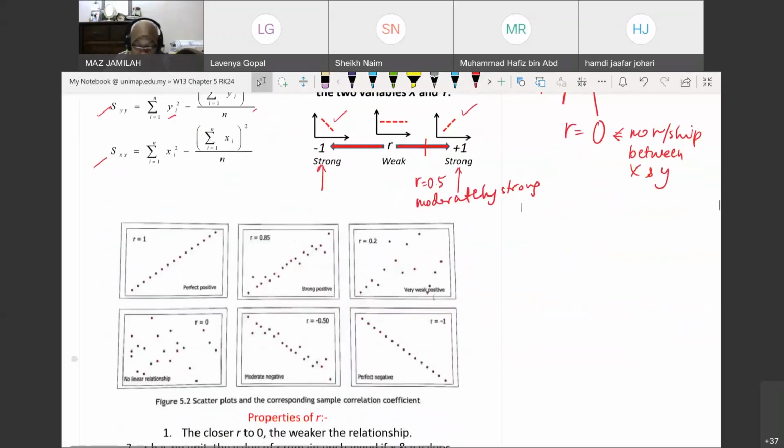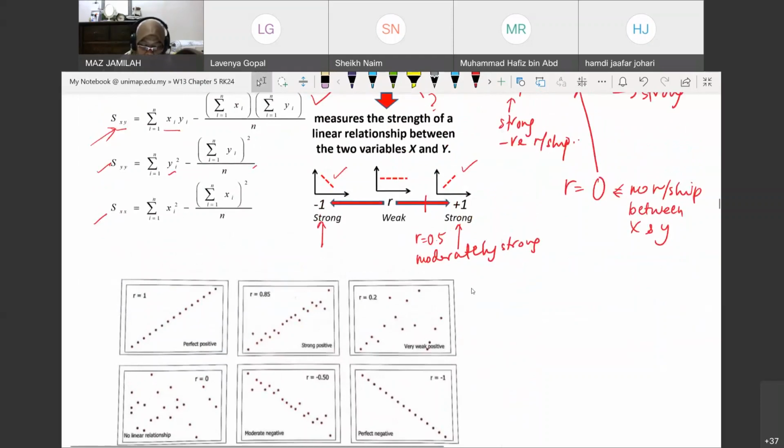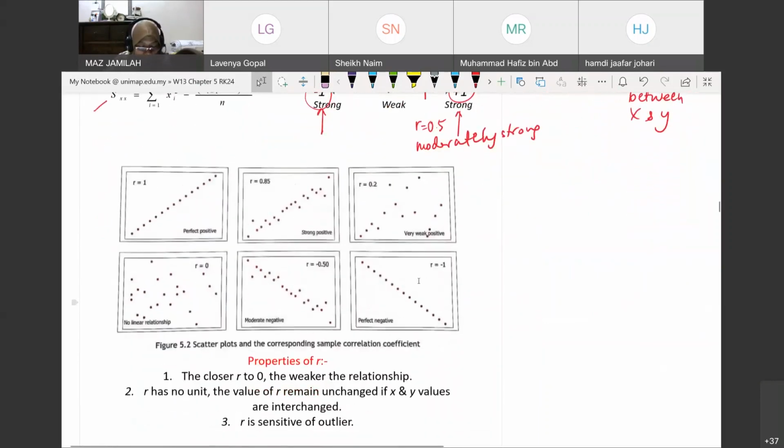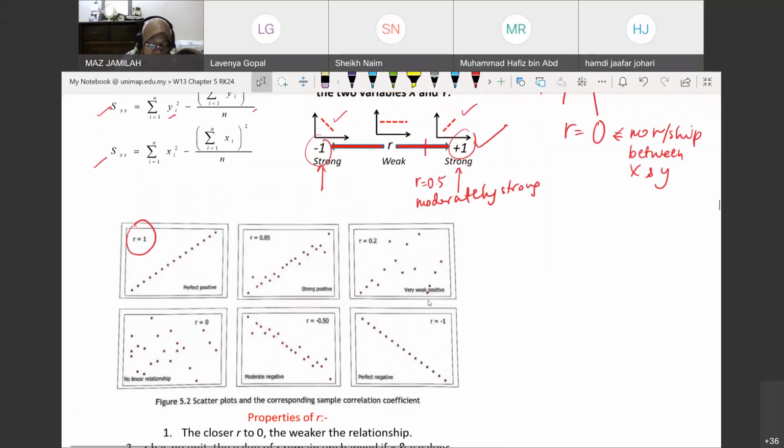Okay, so now, what can you portray from this particular positive and negative R? There will be 6 examples of how your R can be portrayed using your scatter plot. So imagine class, this is your scatter plot. If you have a perfect 1, your R is equal to 1, which means a very strong, perfect positive relationship. What happens is that your scatter plot will form a straight line where all the dots fall along the straight line.